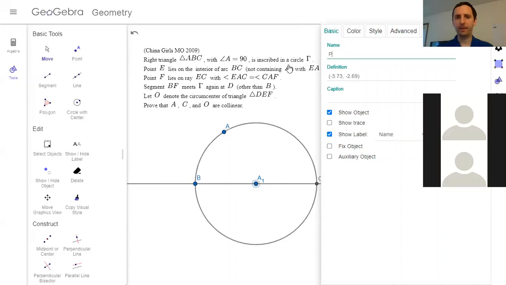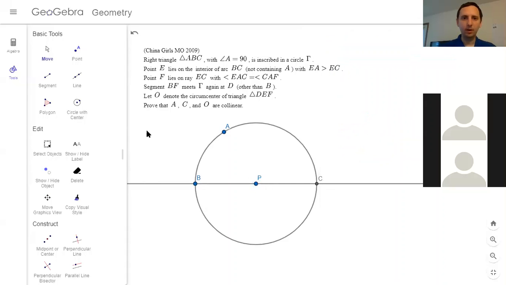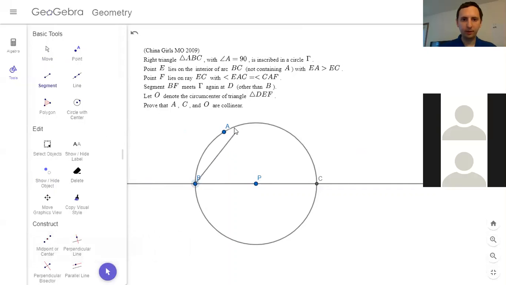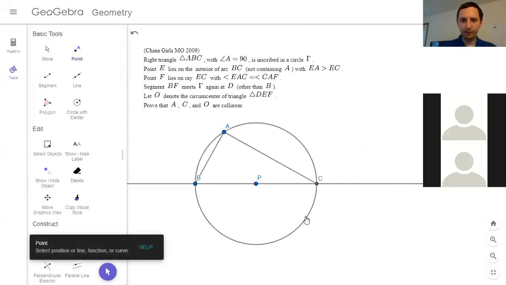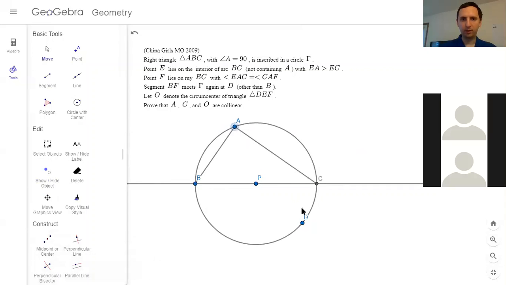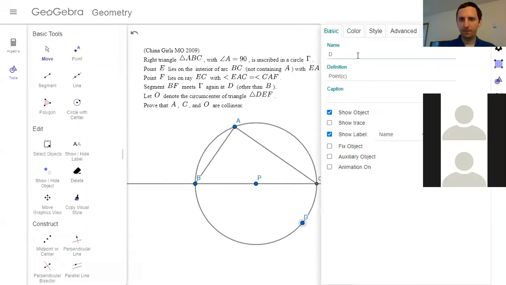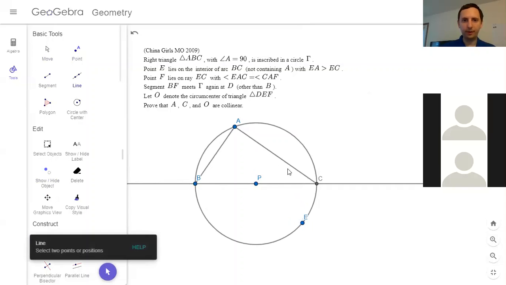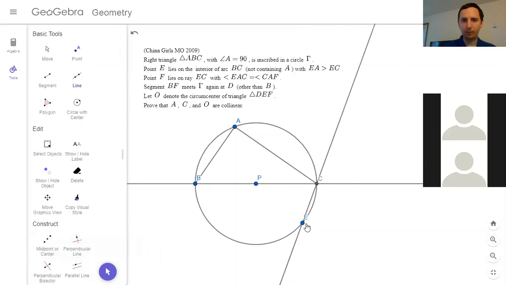Let's call it P. E lies on the interior of arc BC, not containing A. So we want EA to be greater than EC. And F lies on EC, and we want angle EAC to equal angle CAF.